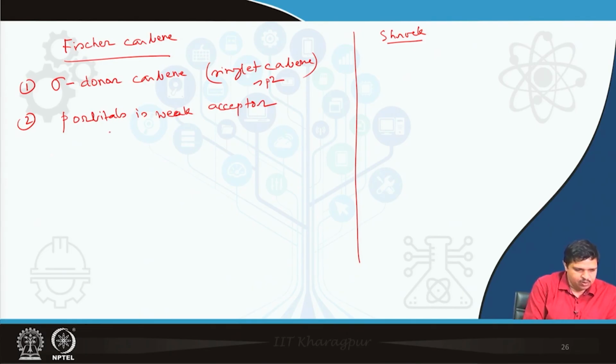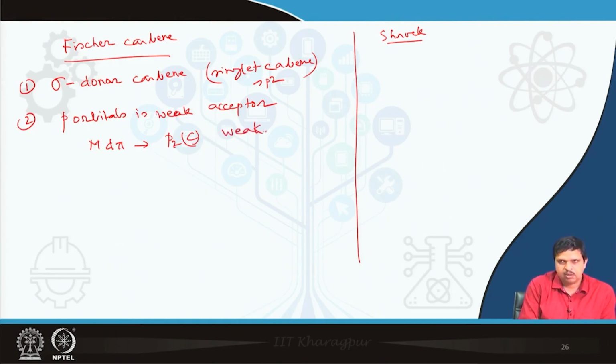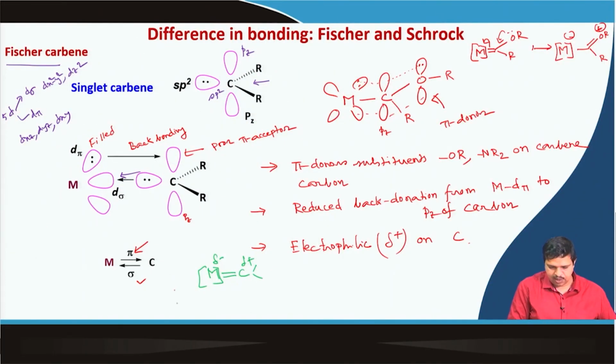Okay, so that means the interaction of the metal d pi to the pz of carbon is a very weak interaction. Okay, so that's why you see that it is electrophilic, and that is the reason why the carbon is delta plus and the metal is delta minus.